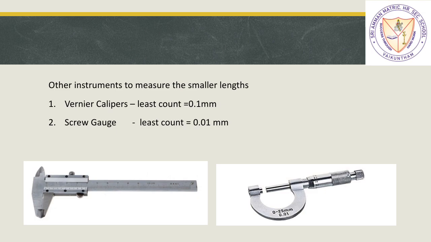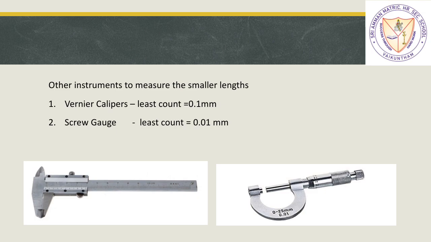We said up to 1 millimeter we can measure using our normal ruler. There are other instruments to measure smaller lengths, like vernier calipers, which is in the first figure. Its least count is 0.1 mm, that means you can measure up to 0.1 millimeter.